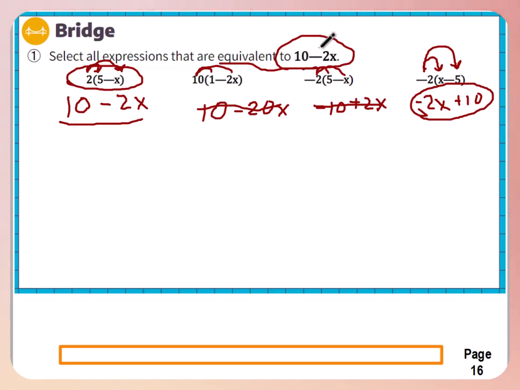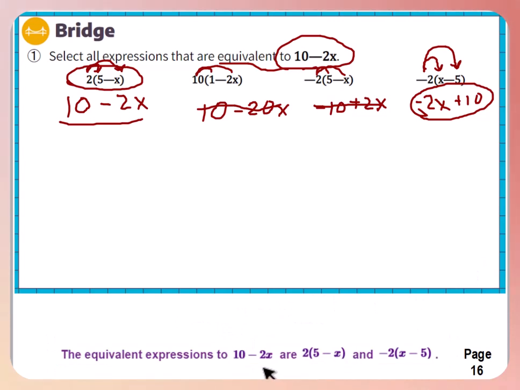Okay, this is a positive 10 and a negative 2x, positive 10, negative 2x. So this is equal. We just have the two terms switched around. Let's check and see if we got that right. 10 minus 2x is 2 times 5 minus x. We got that one. And negative 2 times x minus 5. We got both of those.